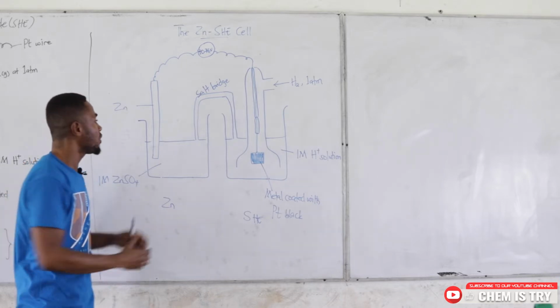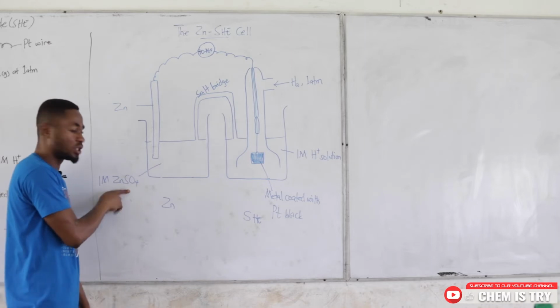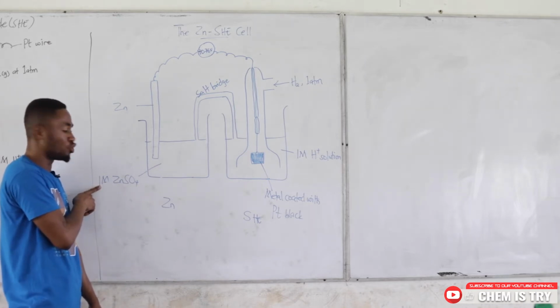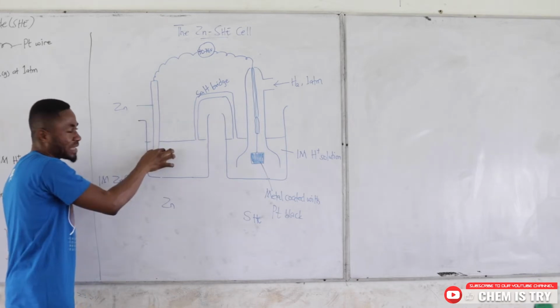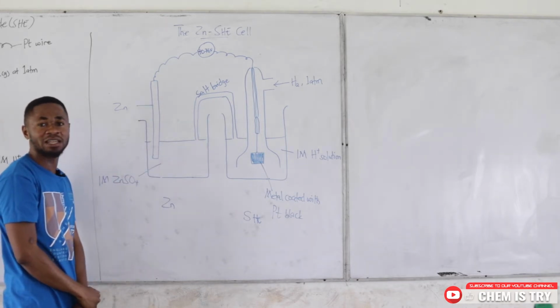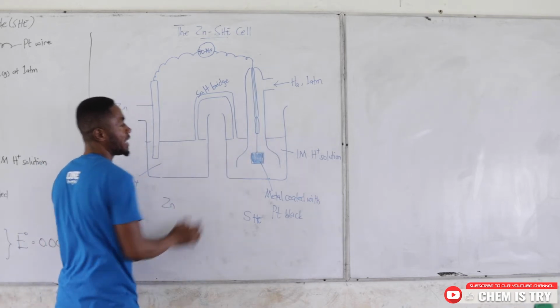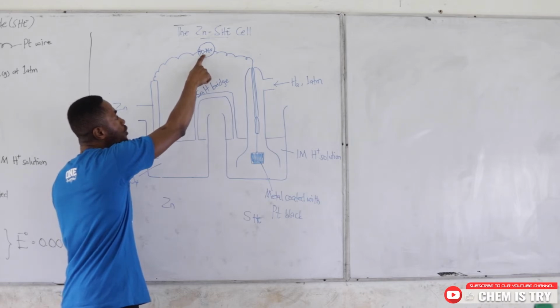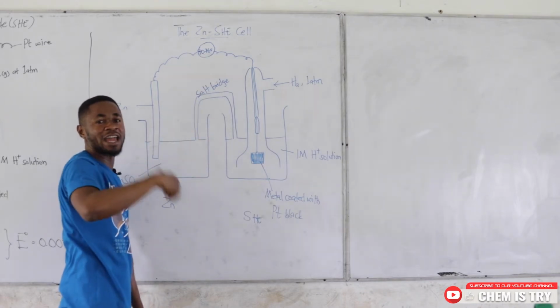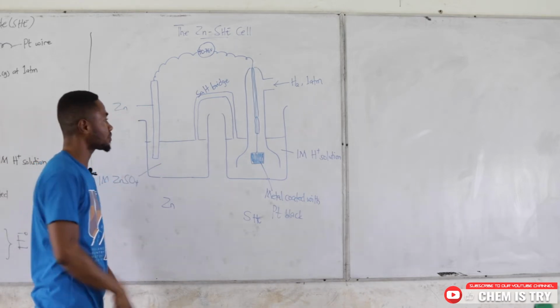This is how we do it. We take a beaker, then we fill it with 1 mole per decimeter cube zinc sulfate solution. Then we place our zinc metal as an electrode inside the solution. We hook it up with the SHE electrode. And we place a voltmeter here to measure the electrode potential in volts for us.